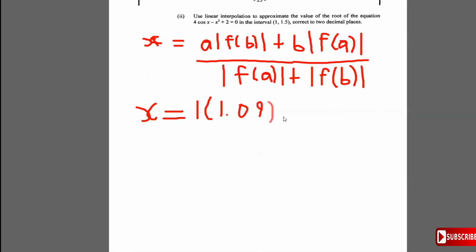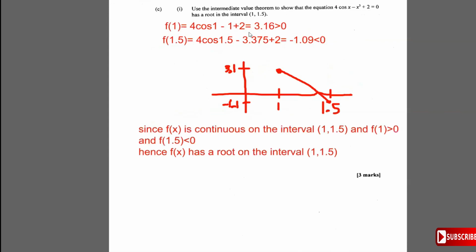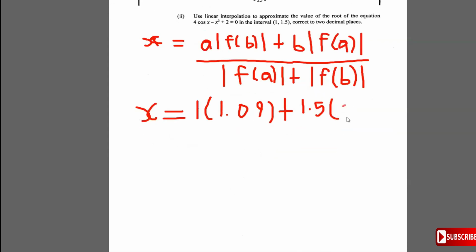Plus, what is your b? Your b is your closing value in the interval, 1.5, times f of a. F of a is f of 1, and we found f of 1 to be 3.16. So that's 3.16 over the modulus of f of a plus f of b.